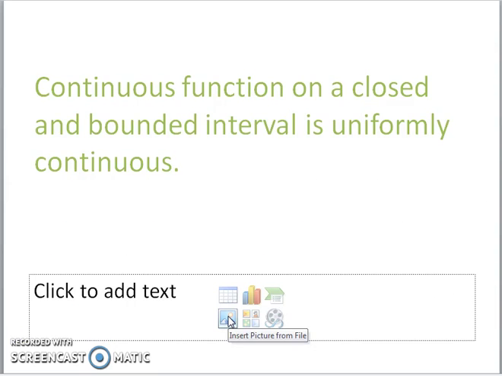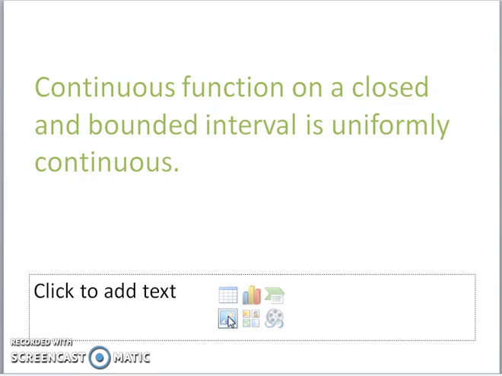Finally, a very important result connecting continuous and uniformly continuous functions: every continuous function on a closed and bounded interval is uniformly continuous. So given a function on a closed and bounded interval, if we know that the function is continuous, we do not have to verify whether it is uniformly continuous or not.